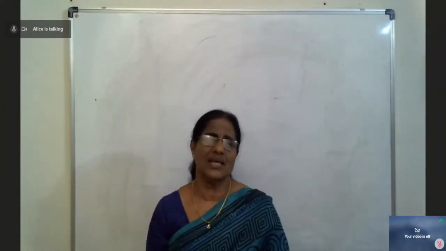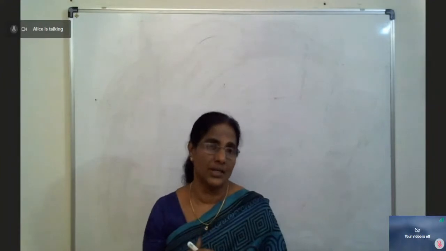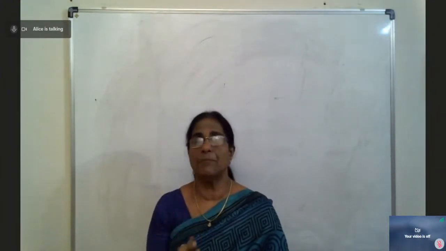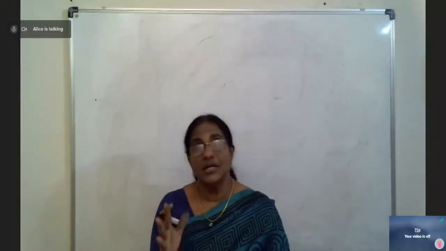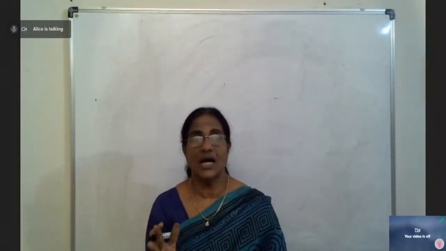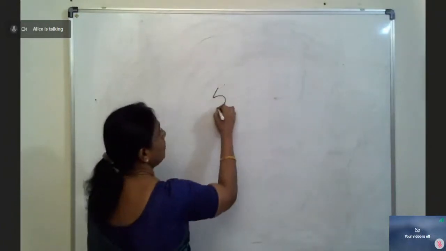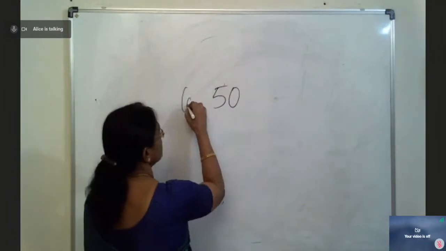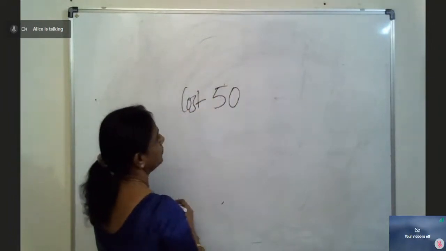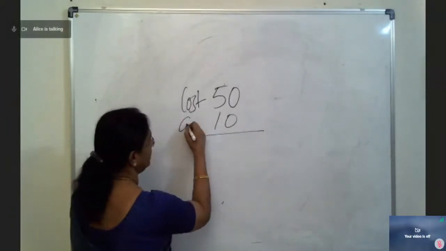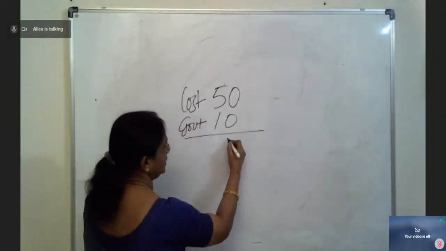Because of some unfair thing that I do here, I will make my products cheaper than what they actually are. For example, my manufacturing cost is 50 rupees. I give a subsidy of 10 rupees. The government gives a subsidy of 10 rupees.